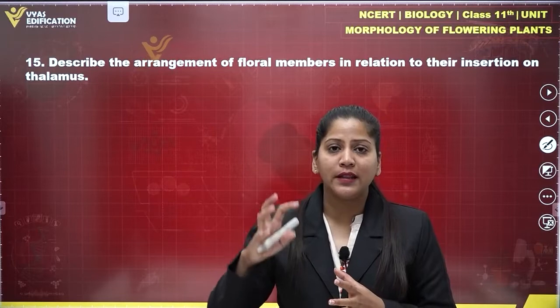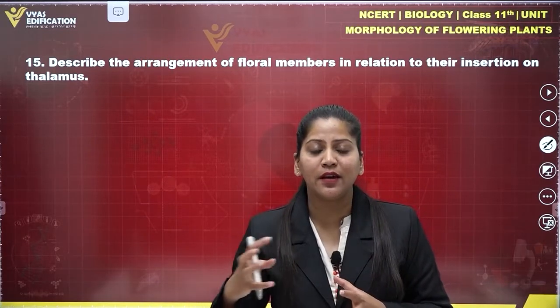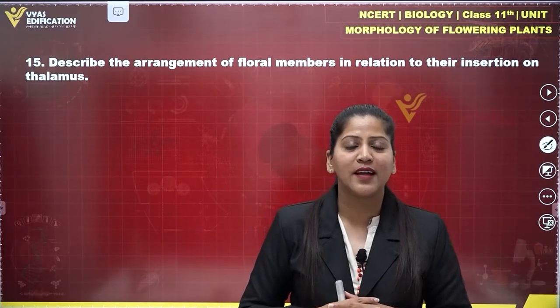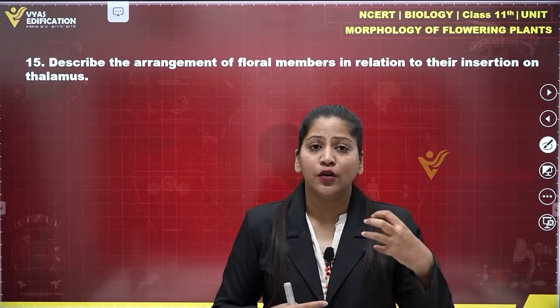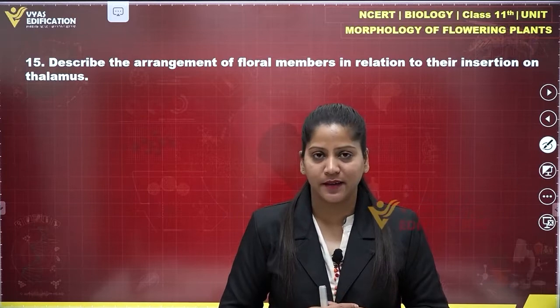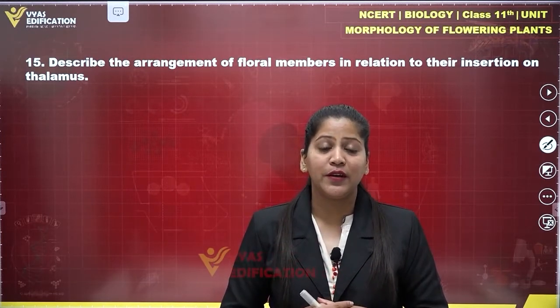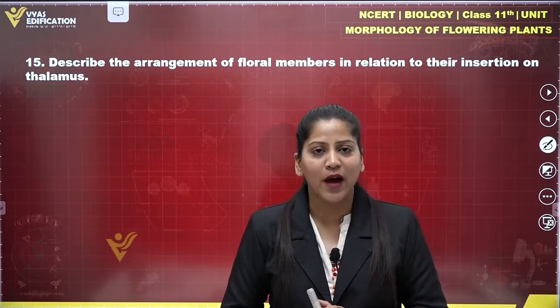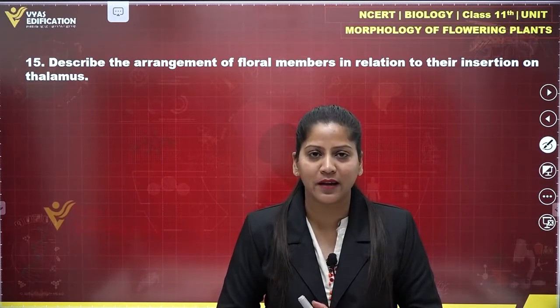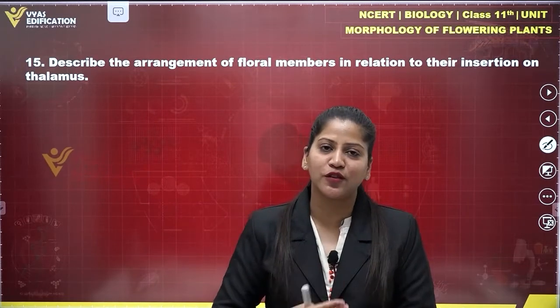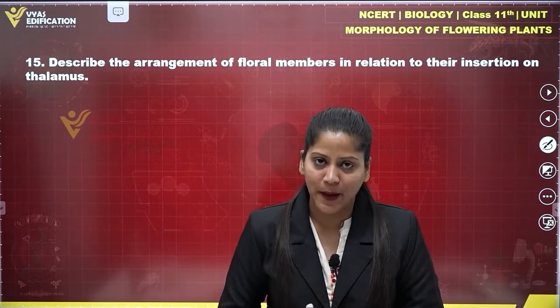The ovary in this case is said to be superior ovary, right? The examples for this hypogynous flower are China rose and mustard. In the China rose and mustard, the flower condition we see is hypogynous, that means the ovary is situated at the highest position with respect to all other floral parts.